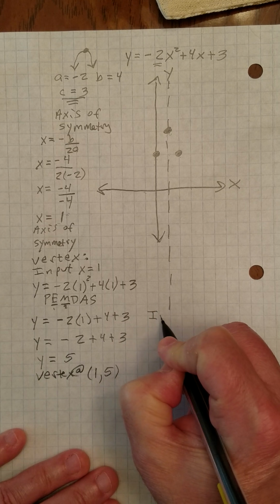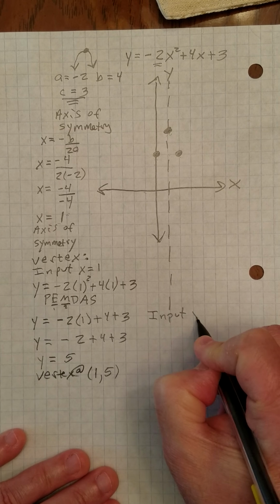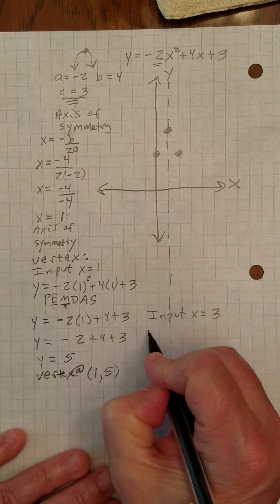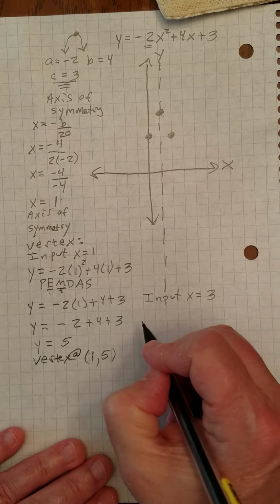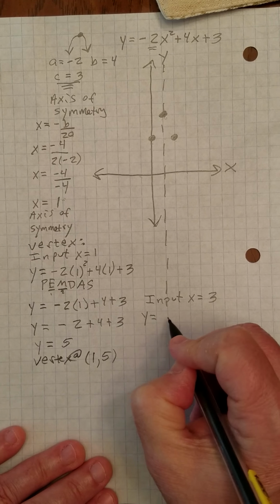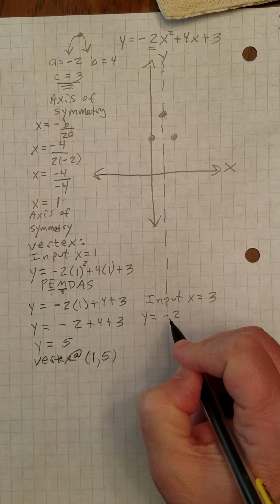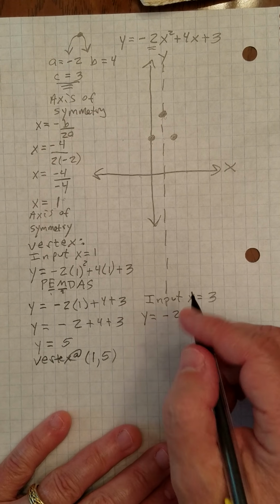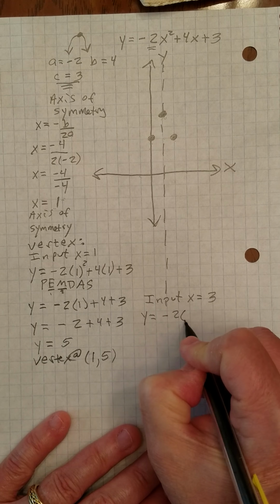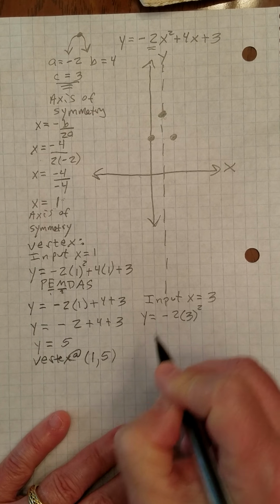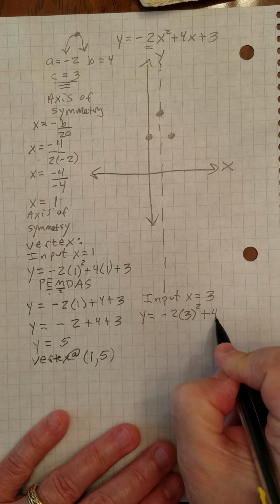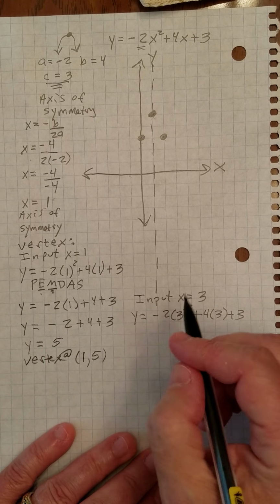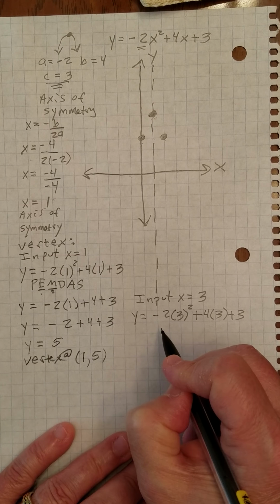So we're going to input x equals 3 into this equation. So that means that y, the output, is going to be equal to -2 times 3 squared plus 4 times 3 plus 3. And again, right here, we've got to keep in mind PEMDAS, right?